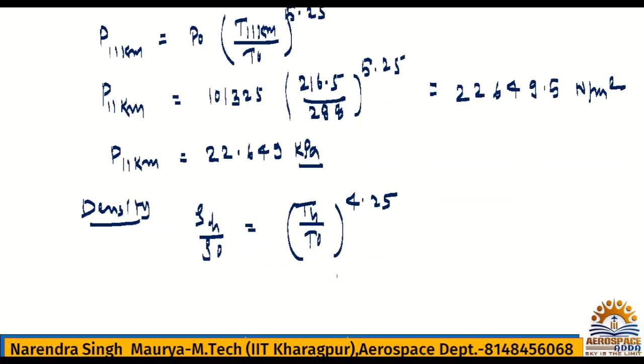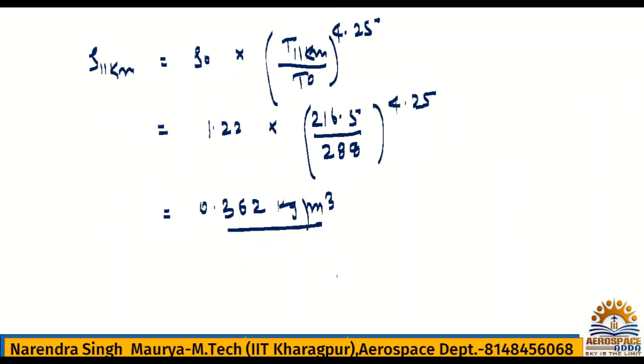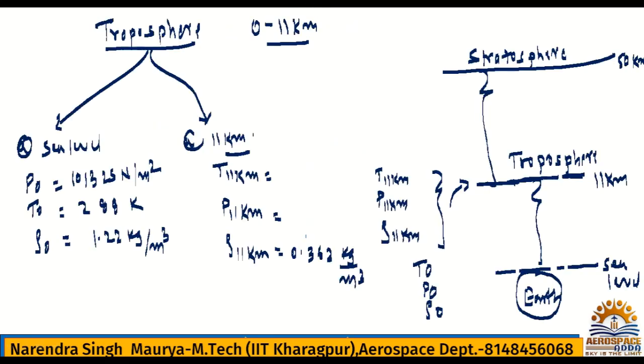What is the pressure at 11 kilometer? 22.649 kPa. At 11 kilometer, what was the temperature? Remember 216 point.